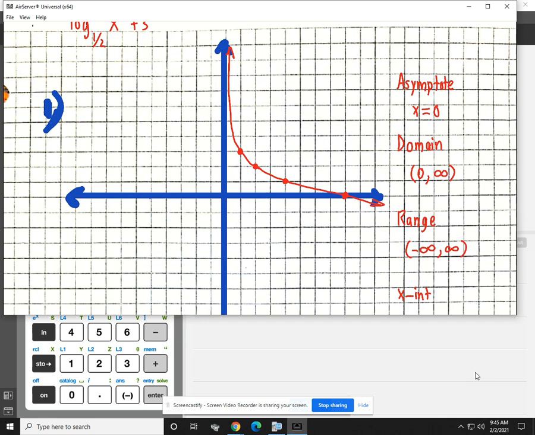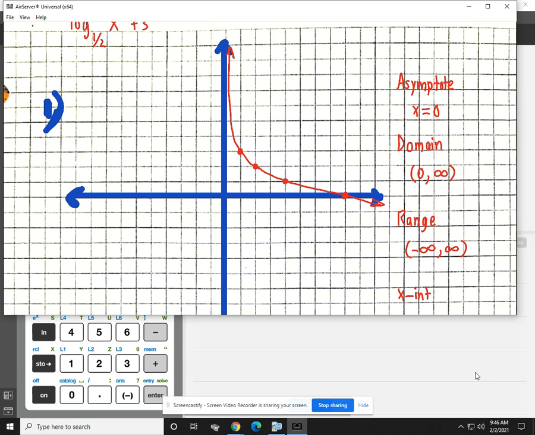My asymptote stayed on the y-axis, which we call x equals 0, right? So the asymptote affects my domain. My domain was everything to the right of that asymptote, so 0 to infinity. And of course we said in logarithmic functions, your range is always unlimited: negative infinity to positive infinity, okay? So that takes care of that.